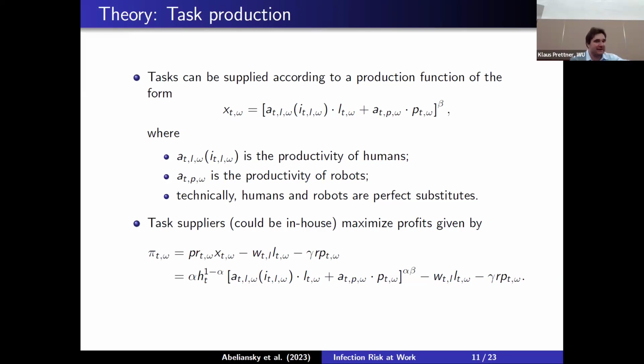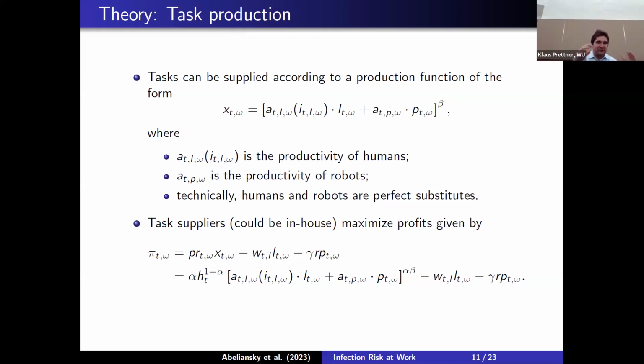If infections are higher, then productivity would be lower due to absences, due to long COVID, due to firm closures, and so on. So infection risk would reduce human productivity. But the firms could also choose to produce with robots. This term here, P, stands for programmable labor, if you will, and robots also have a certain productivity at the particular task, omega, right? And this productivity of robots is not affected by the infection risk. And then we have an output elasticity of beta, so we have diminishing returns.